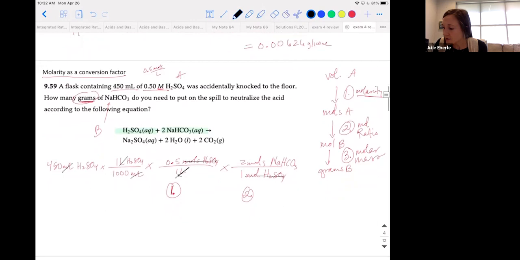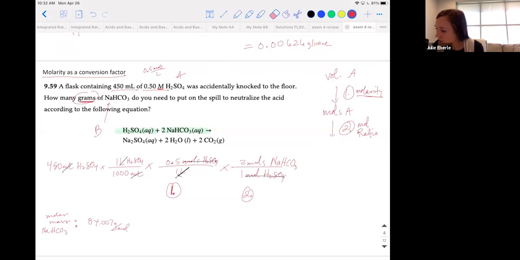Okay, the last step was to use the molar mass of sodium bicarbonate. I looked it up earlier. It's 84 point something. 84.007. Okay, so the molar mass for NaHCO3 is 84.007 grams per mole. I'm going to erase my little diagram so I can keep going.